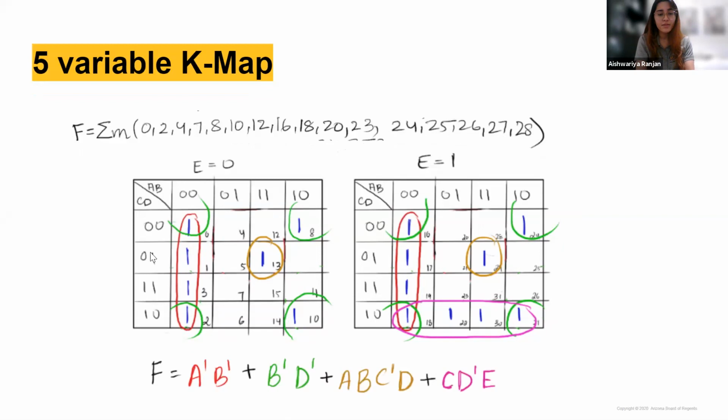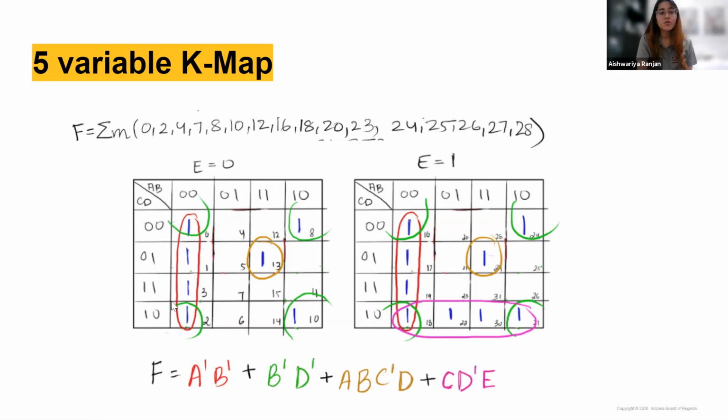So this red group over here is covering this whole column. This column is expressed by A bar, B bar on both Kmaps, of course. So it doesn't matter what the value of C or D is or what the value of E is, they take up A bar, B bar. So that's what we will express them with.